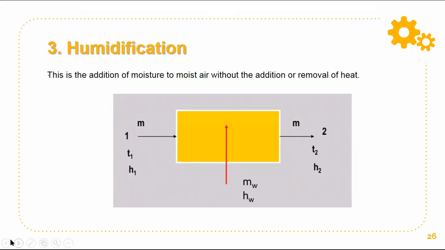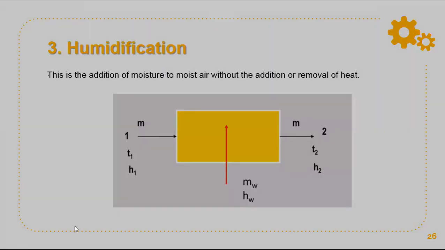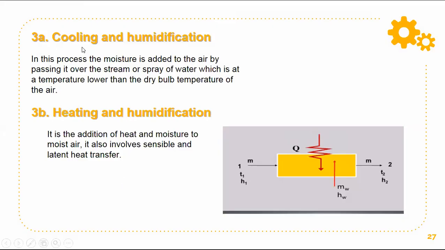That's humidification. And we know that processes can either be a cooling humidification or a heating humidification. So you could see here that if it's a heating humidification, heat is added to the system. At the same time, moisture is being added to the system. Of course, the other one is just the opposite of this.